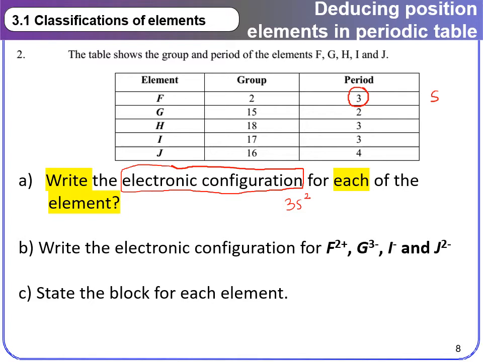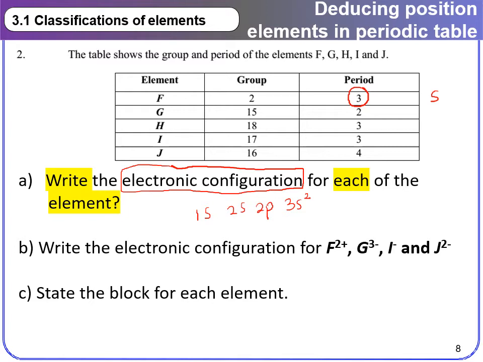So what are the orbitals before 3s? They are 2p. What are the orbitals before 2p? 2s. Before 2s, 1s. So you have to keep in mind that all the orbitals before 3s, logically and theoretically, should be fully filled.